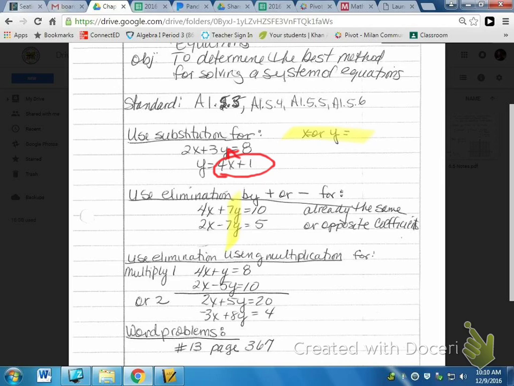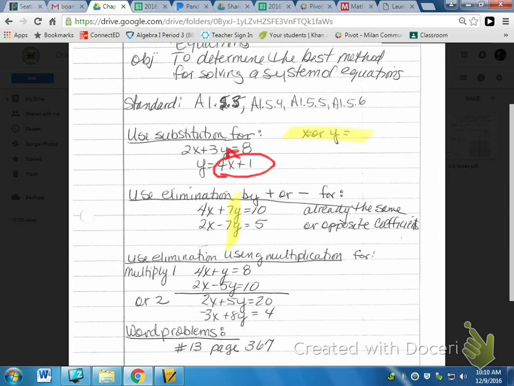Okay, so using elimination, using multiplication, multiply one or both. If I'm looking at the first set here, 4x plus y equals 8 and 2x minus 5y equals 10, what would be the best thing to do, the quickest to get toward the actual adding?